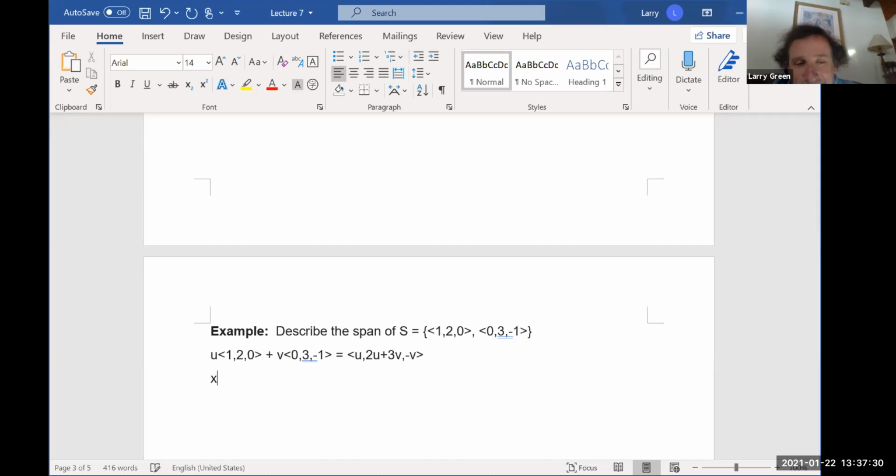So I can write x of u,v is equal to u. Then y of u,v, because these are functions of u and v, is equal to 2u plus 3v. And z of u comma v is equal to negative v.